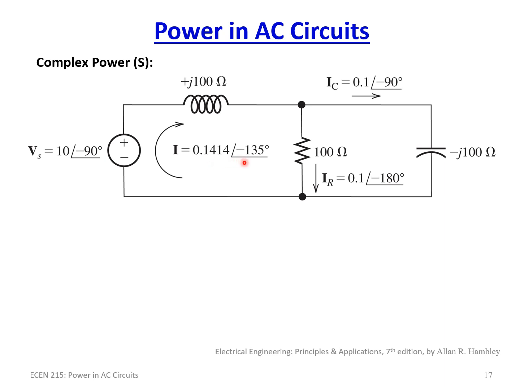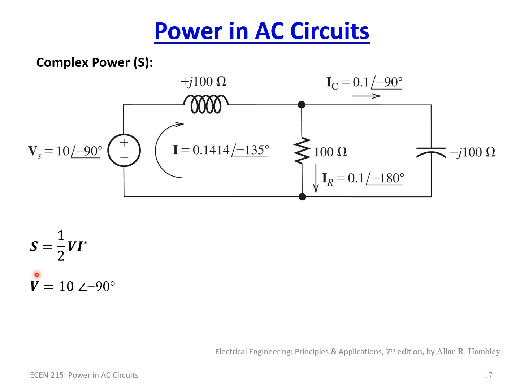So using the equation that we just learned, which is S is equal to 1/2 V I conjugate, we can solve for all the power that we want in this particular problem very easily because we now have all the values. So everything that you've been doing thus far in all of the equations and all of the mesh current analysis and the nodal voltage analysis, so on and so forth, is now giving you the ability to get these values, and now you're going to be able to use that to solve for the power using this formula here.